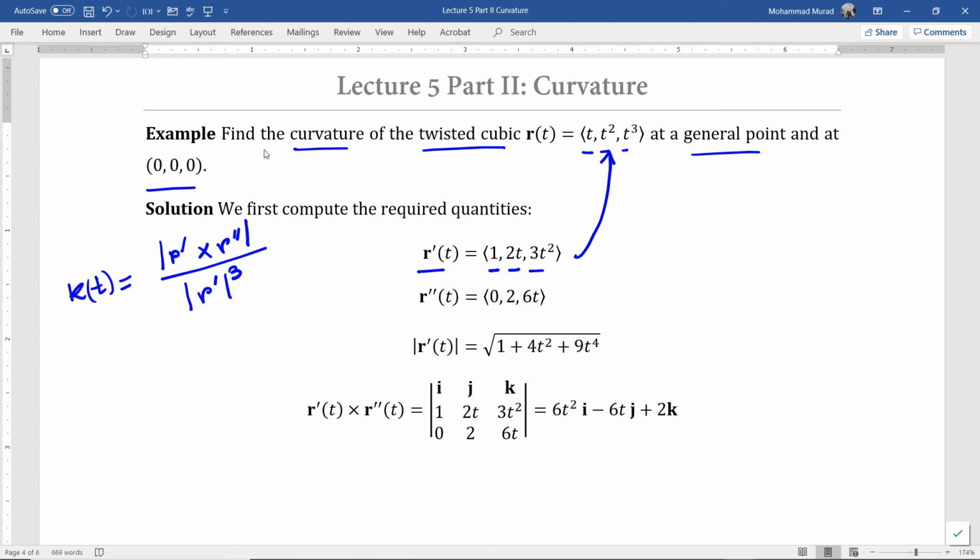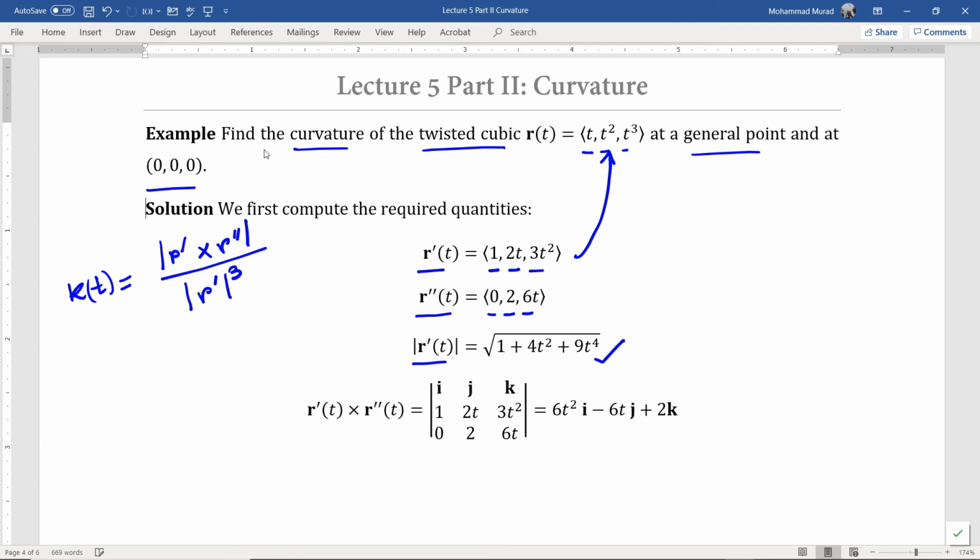Similarly, if we differentiate this vector function again, we get the component functions 0, 2, and 6t. The magnitude of the vector r prime is the positive square root of the sum of the squares of the components, which is this expression.